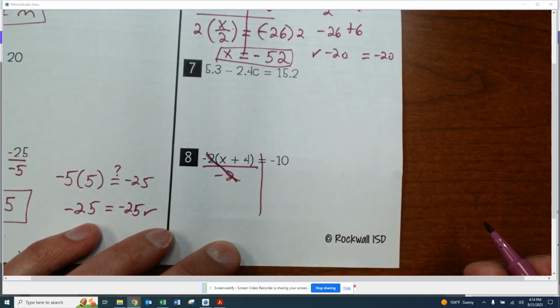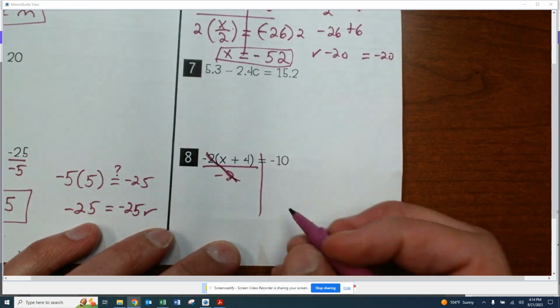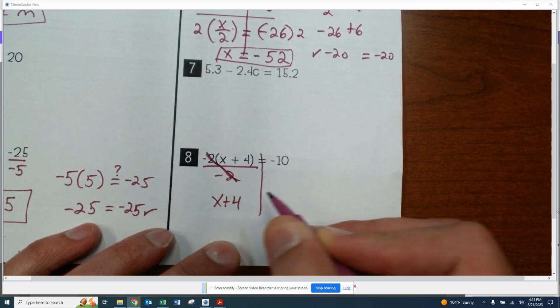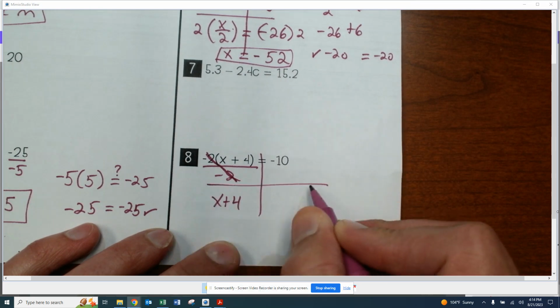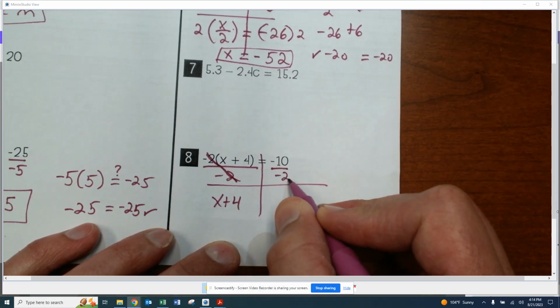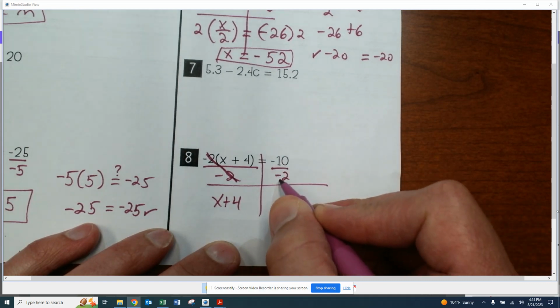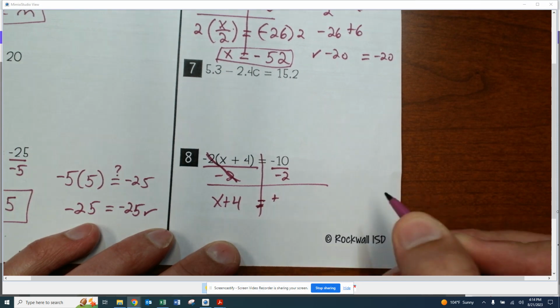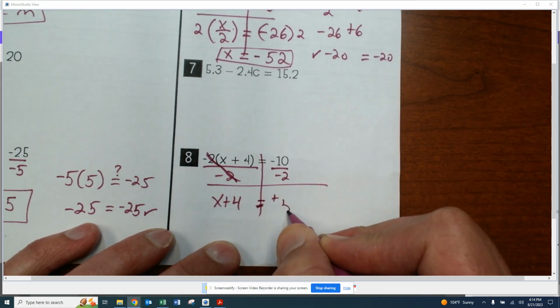And I get my reducing down to 1 inverse operation. The only thing that's left is x plus 4. But whatever I do to one side, I have to do to the other. Negative 10 divided by negative 2. A negative divided by a negative is a positive. 10 divided by 2 is 5.